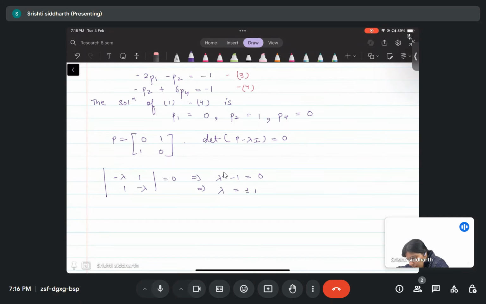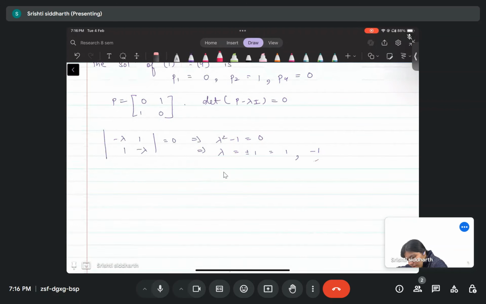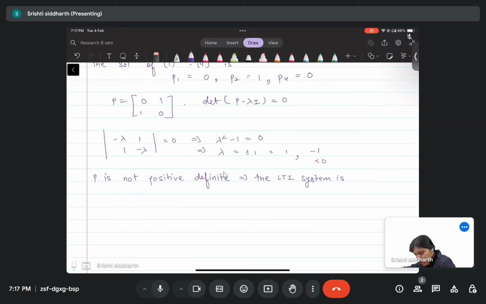So you can see that one of the eigenvalues is negative. So P is not positive definite, which implies that the LTI system is unstable.